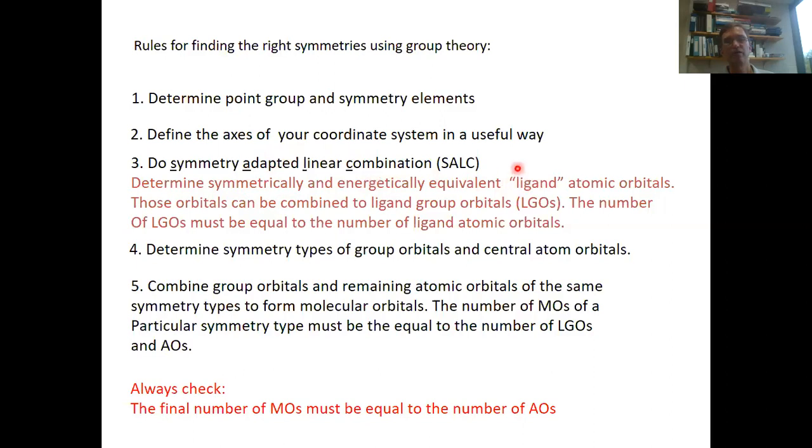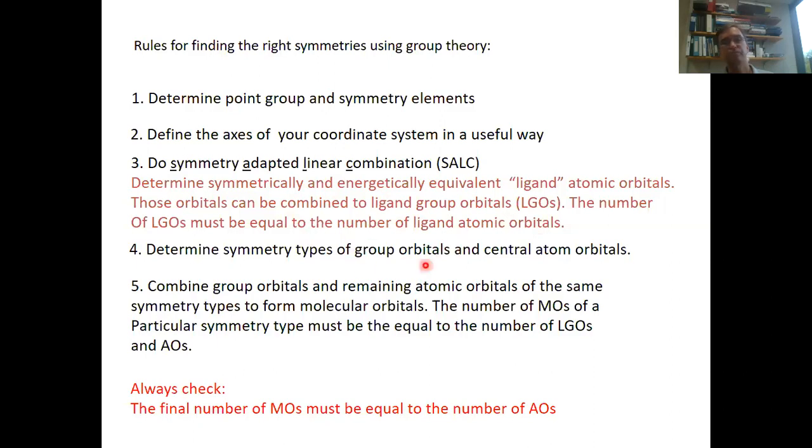So you combine these ligand orbitals to form so-called ligand group orbitals. So the number of ligand group orbitals must always be the number of ligand atomic orbitals from which they have been constructed.